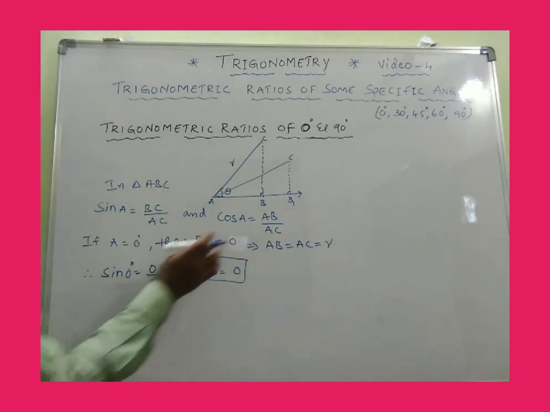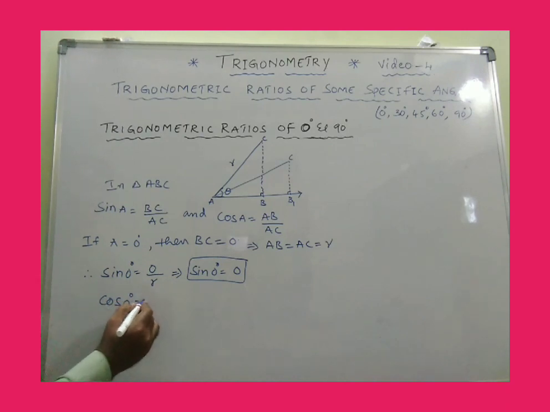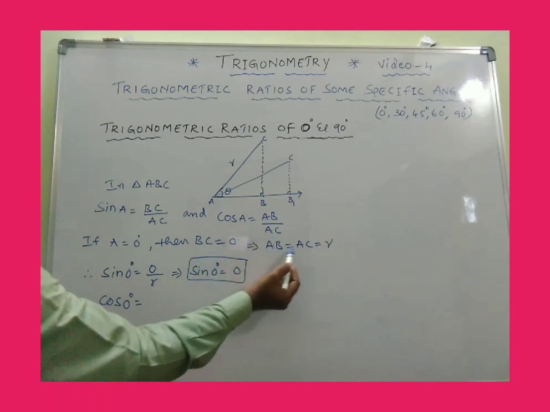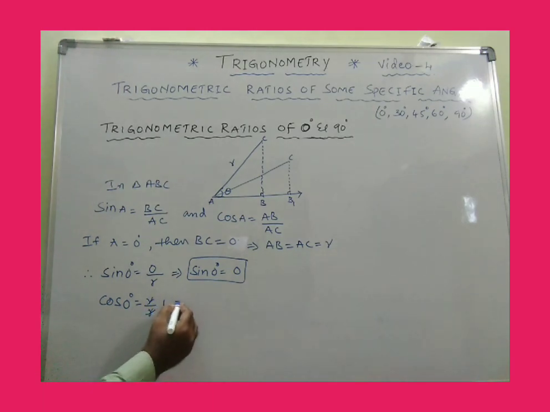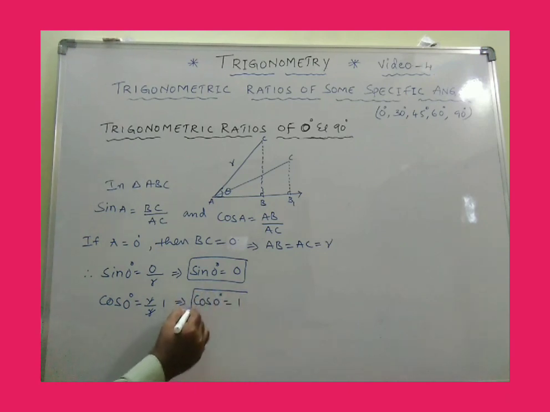Okay. Similarly, substitute here, A is 0. Then what about cos 0 degrees? Cos 0 degrees is equal to AB by AC. AB and AC are both equal to R. Hence I can say R by R, which is nothing but 1. That implies cos 0 degrees is 1.